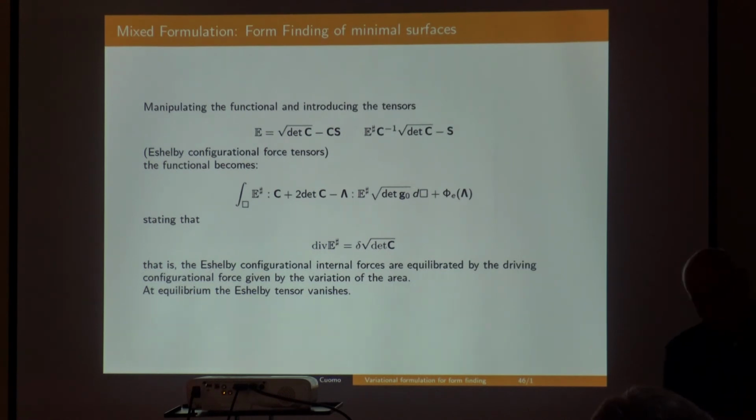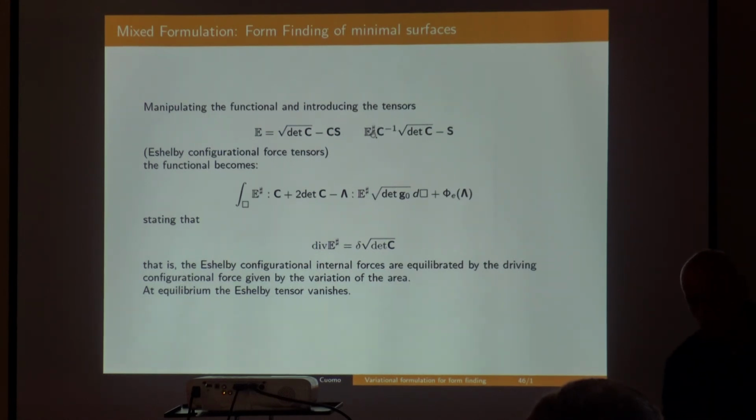This is interesting, not from a computational point of view, but it's interesting to see if we manipulate this equation. We introduce the Eshelby tensor, and multiply it by the contravariant matrix. We have the contravariant form of the Eshelby tensor with all indices up, which is called E sharp.